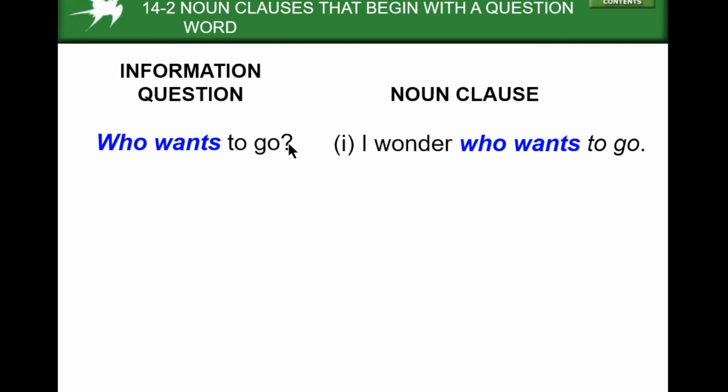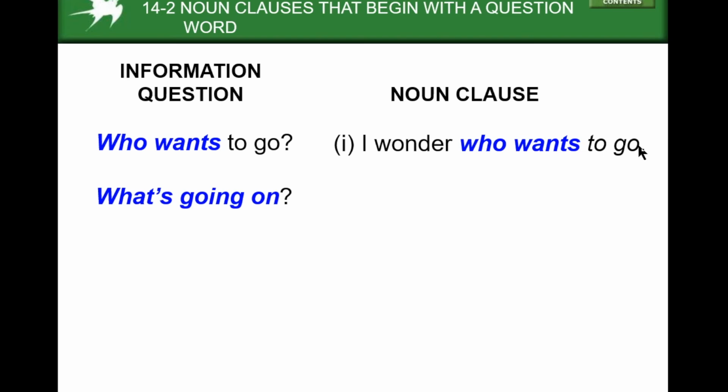Who wants to go? I wonder who wants to go. Why? That's because in this example, the question word who is used as a subject in the sentence. So our sentence becomes, I wonder who wants to go.